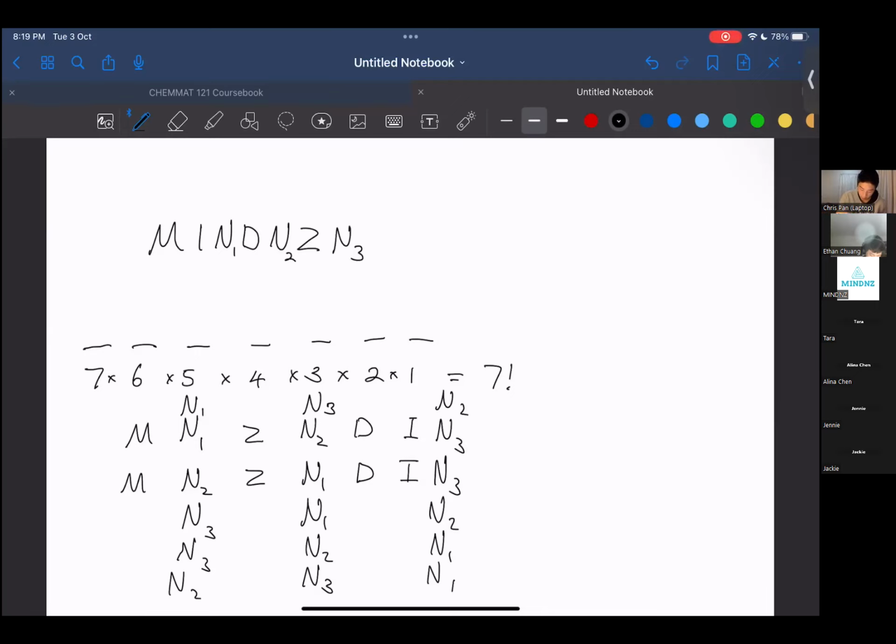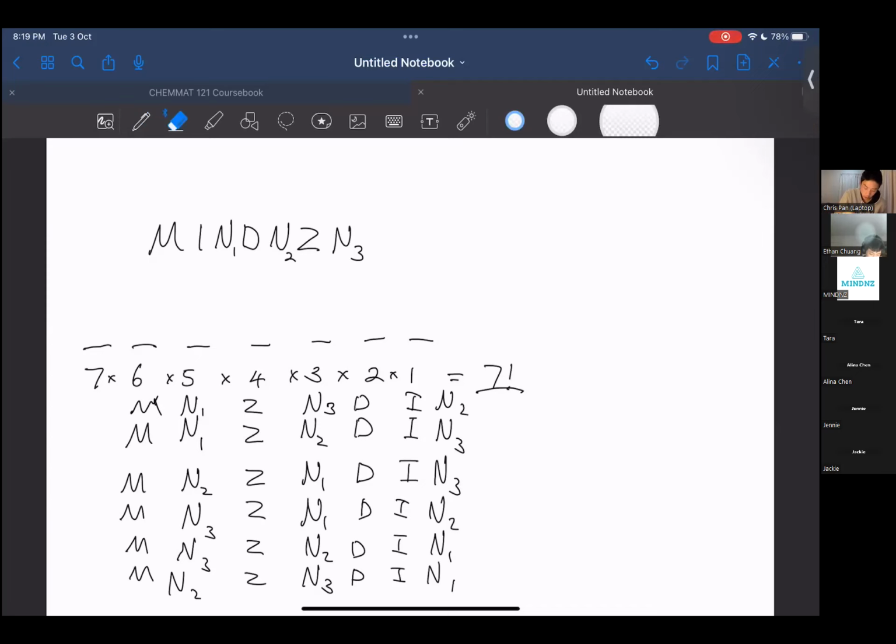So in fact, we count these six cases, which are the same case, obviously, right? M, N, Z, N, D, I, N, as six cases. So we have to divide this by six. More precisely, we're dividing it by 3 factorial.